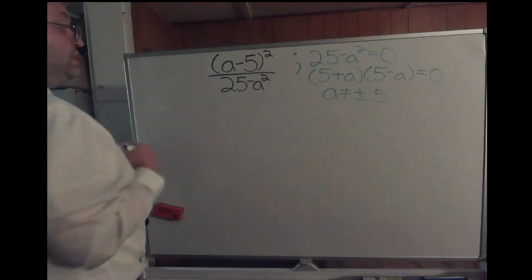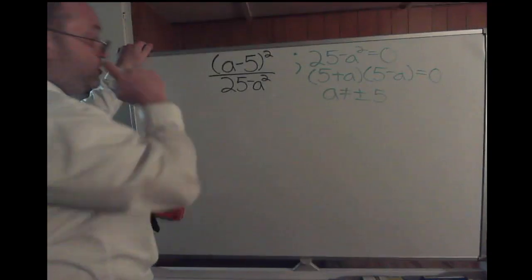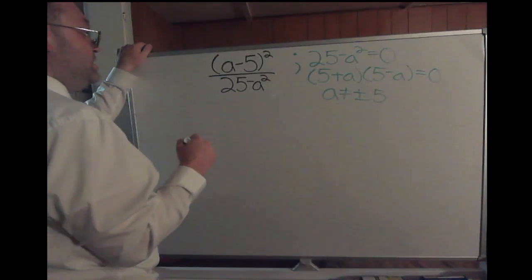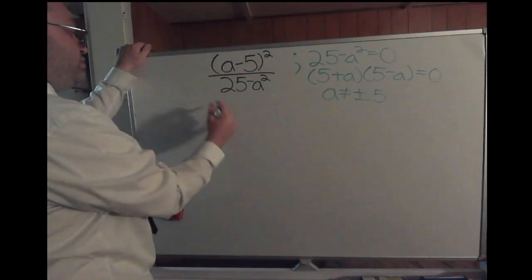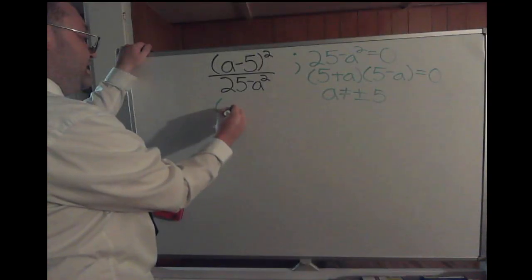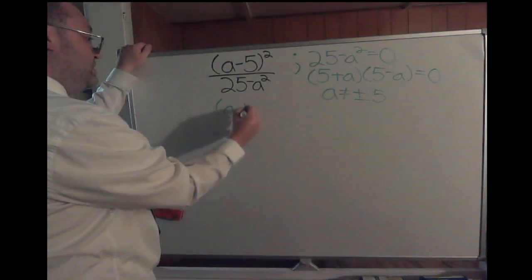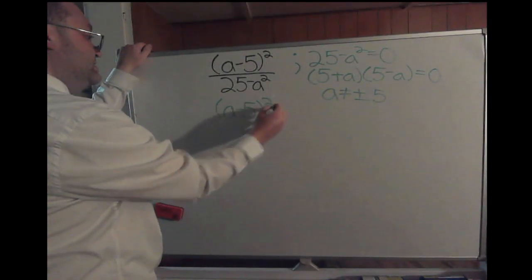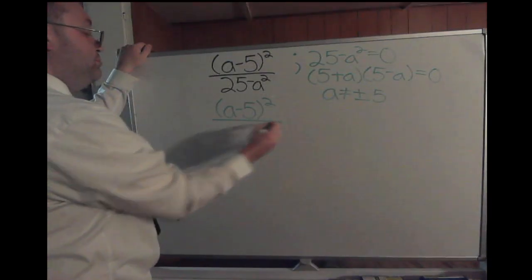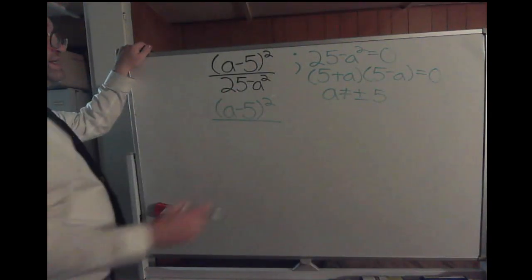So now let's start factoring here. You have a minus 5, that quantity squared. Right now we can't do anything with that. That's as factored as it's going to get. But you have 25 minus a squared.